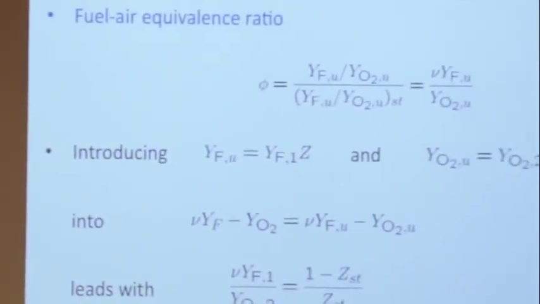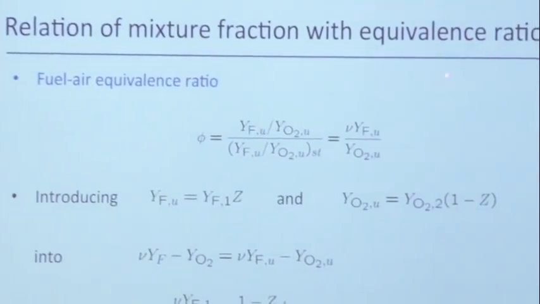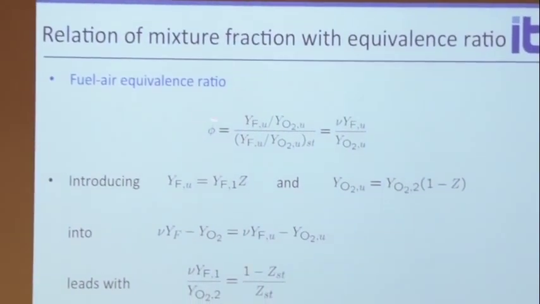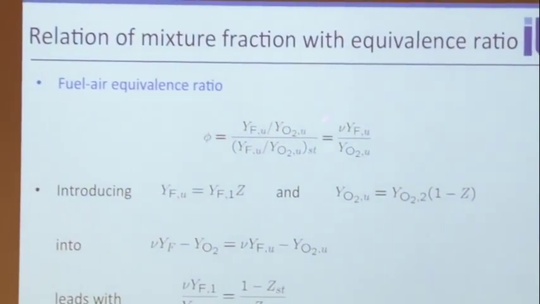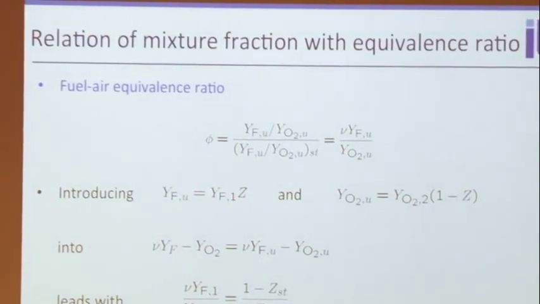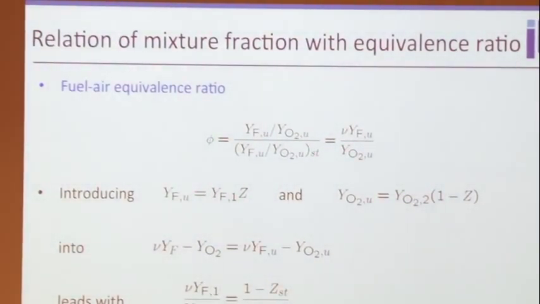Okay, so now we can look at the relation between mixture fraction and equivalence ratio. This was the definition of equivalence ratio. They have something to do with each other. I mentioned this earlier.